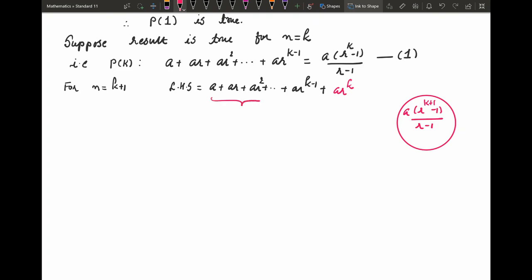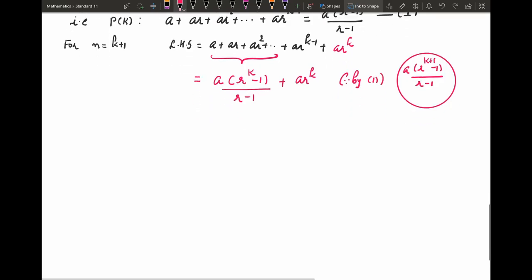So to simplify this, the sum of the first k terms using result 1 is a into r raised to k minus 1 upon r minus 1, plus a r raised to k. We give the reason by result 1.